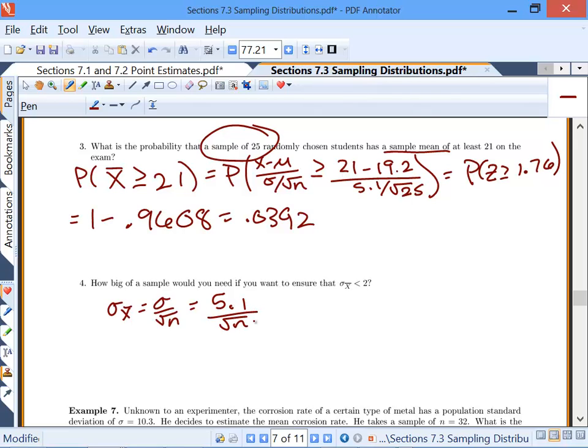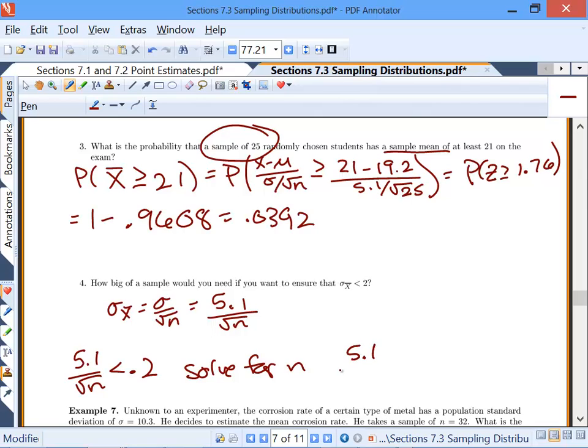So what do you need to do to find a sample size that makes the standard deviation of Xbar less than 2? You just have to solve for n. So 5.1 over the square root of n is less than 2.